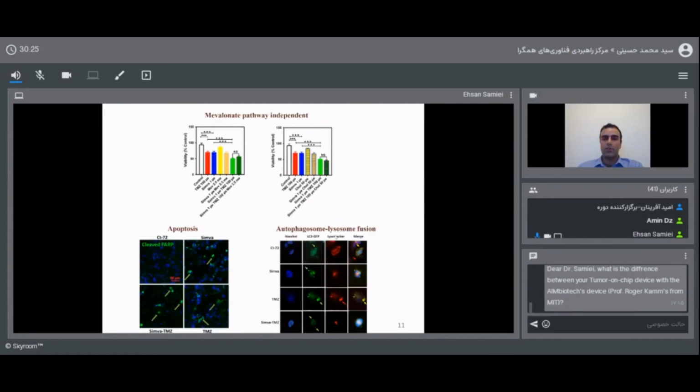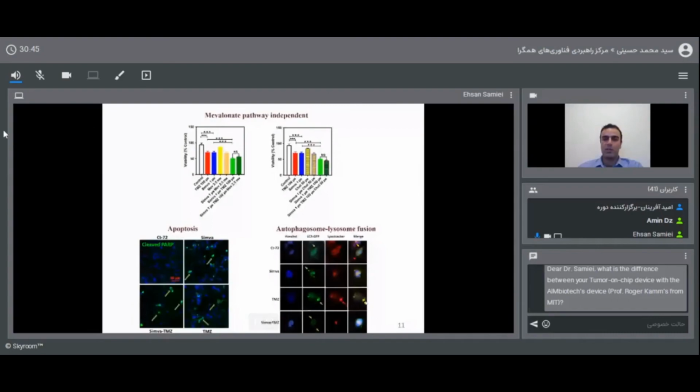The results show that only the temozolomide treatment showed that the autophagosomes and lysosomes were colocalized, which means that the autophagosomes merge into the lysosomes to digest the damaged molecules.